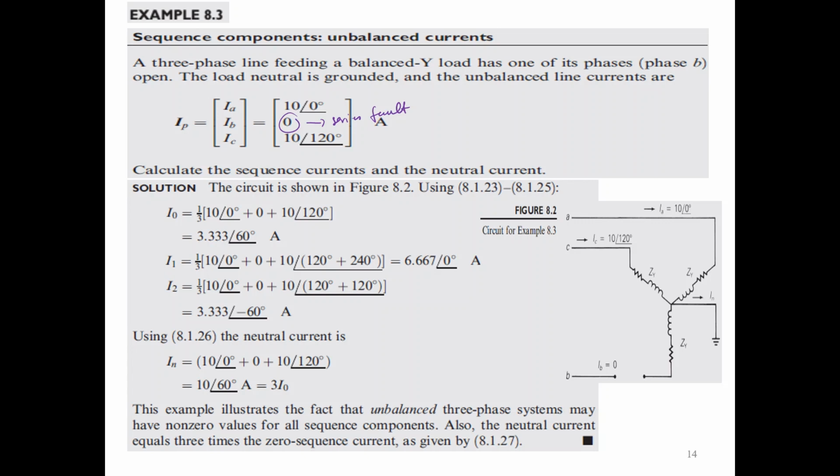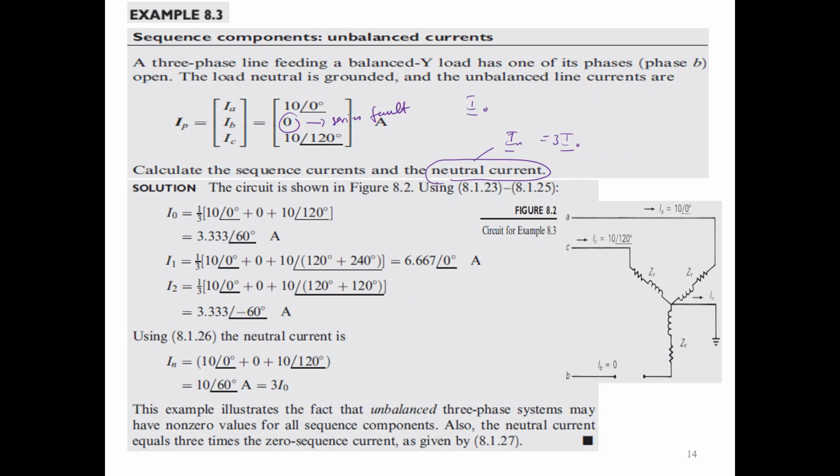So the problem asks you to calculate the sequence currents and the neutral current. In this case, you must have the neutral current somehow. If you can manage to find the I0 from the transformation, the neutral current IN would be 3 times the I0.